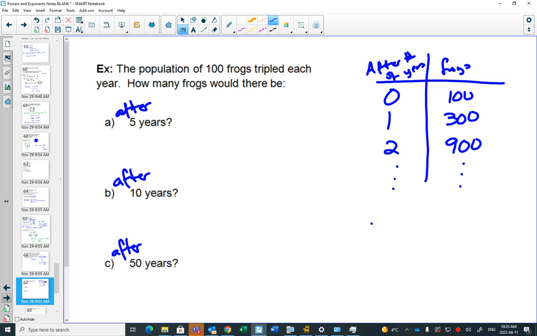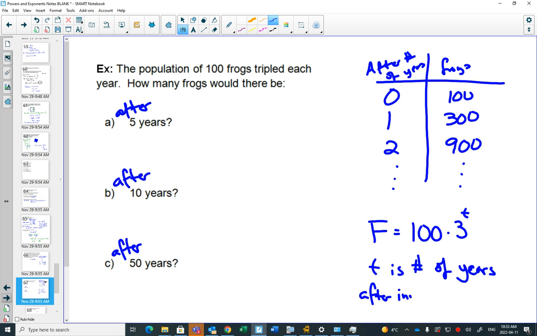It would sure be nice if we could make a formula. Frogs equal. You started off with 100, and then you're tripling, so your base will be 3, to the number of years after the initial population.